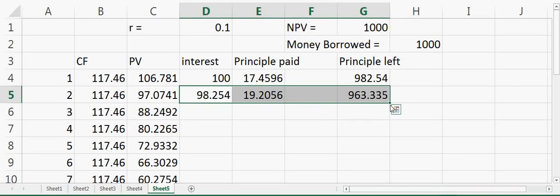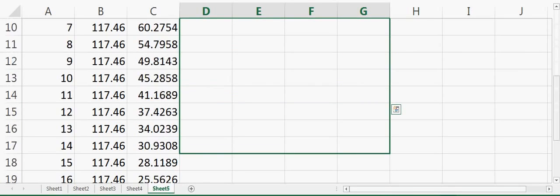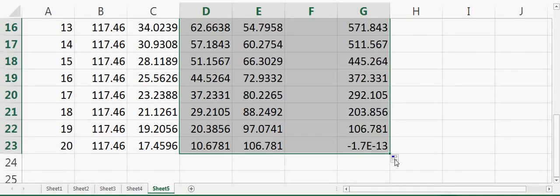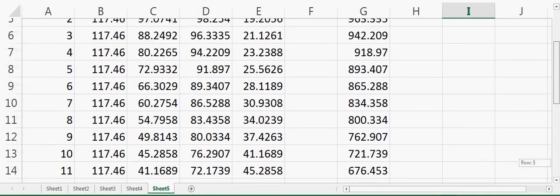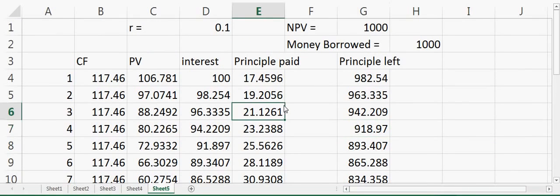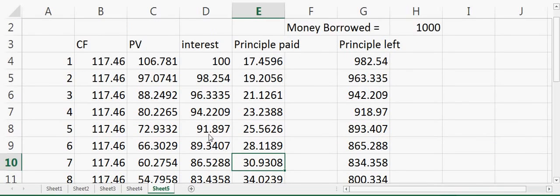Now we can keep dragging this down and see how it changes. You can see that the interest which has been paid is going down, the principal left is also going down, and the principal paid every time is going up.